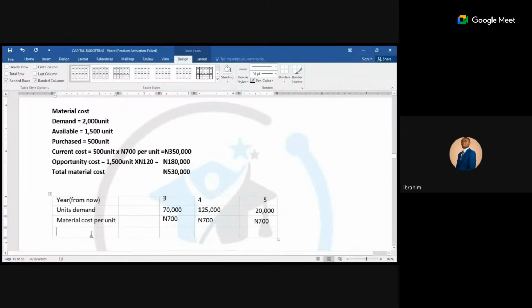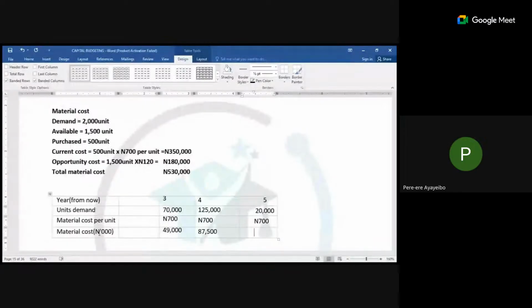Class, what is the material cost? 49,000 for the first one. Next, the second one is 87,500. Next, 14,000.